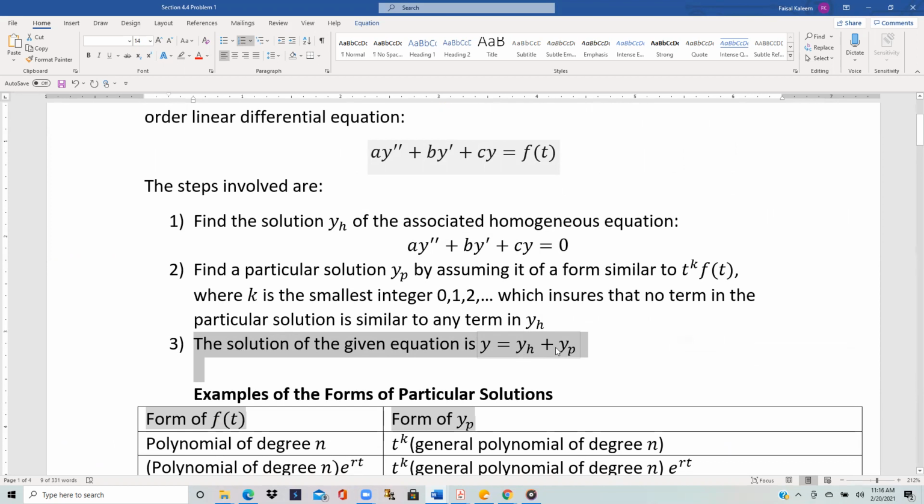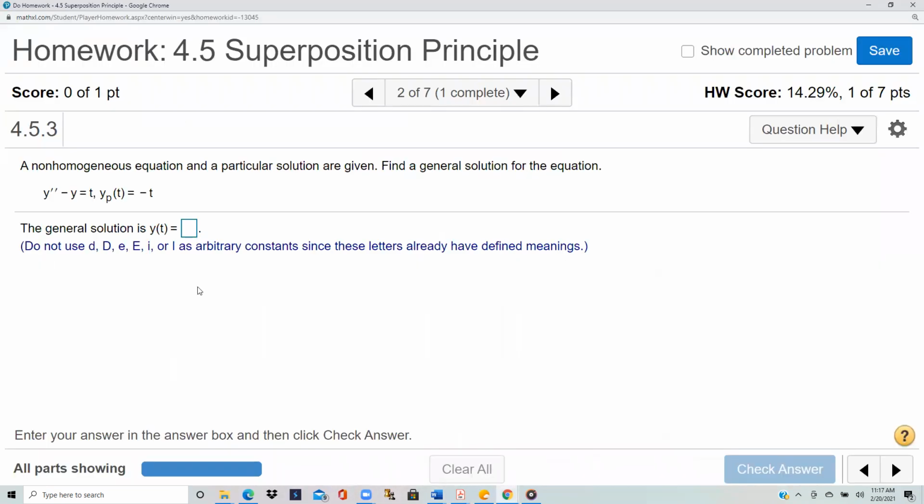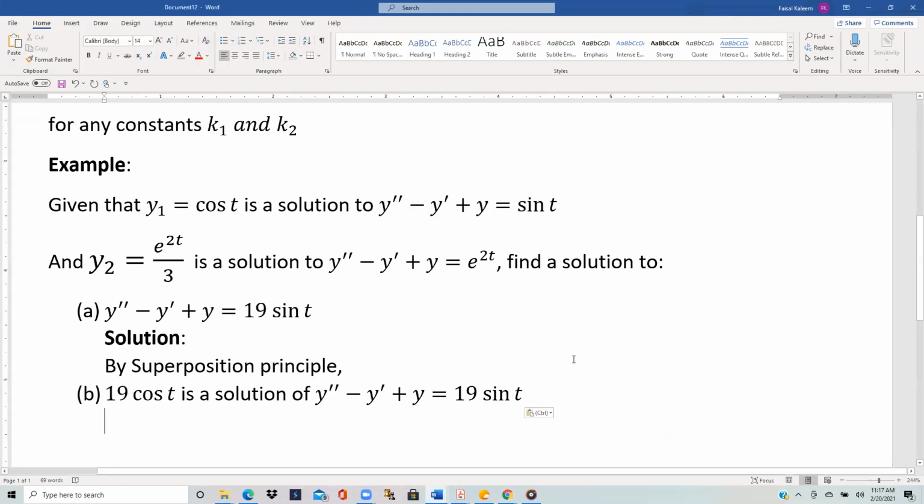They have given us the particular solution, so we don't have to do this work. All we have to do is to find the homogeneous solution, which we actually learned in the previous section, and then just add up the two. So let's go back to the problem. So the problem here is y double prime minus y prime is equal to t.